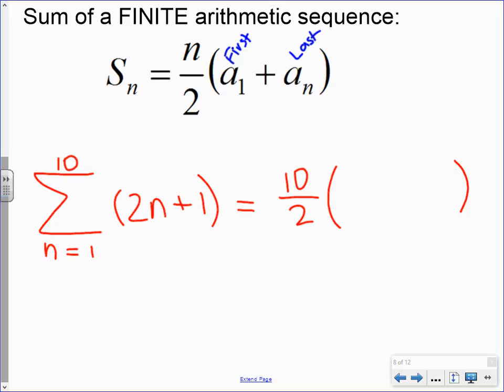Sydney, what would our first term be? What do we have to do with this one? And so if we do that, what do we get? 3.